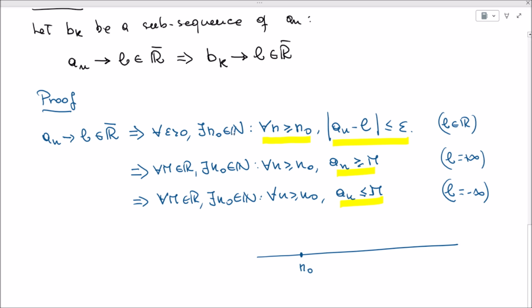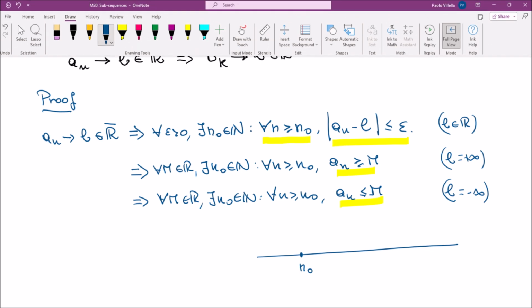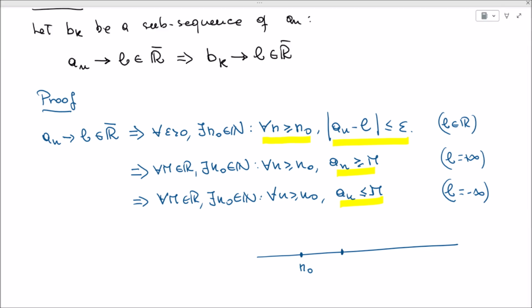But now let's make some consideration about bk. What we are saying is, in general, if I pick an element k that is larger than or equal to n0, we know that for that index k, the previous conditions are verified.